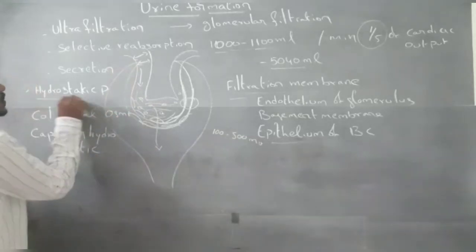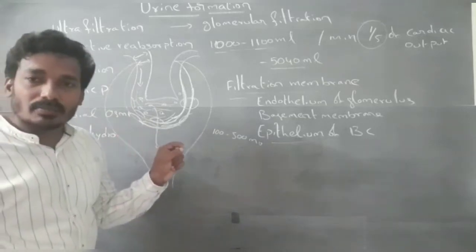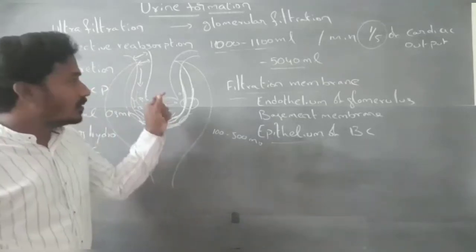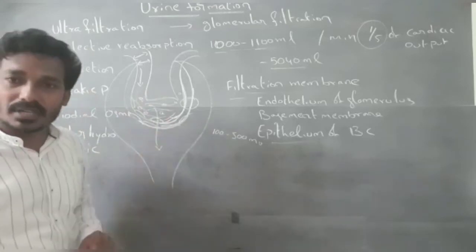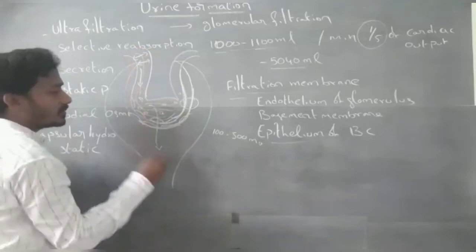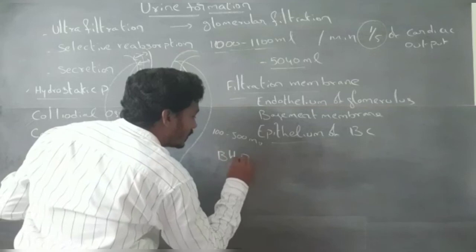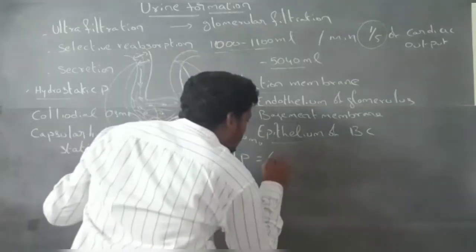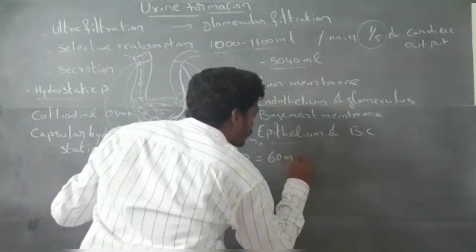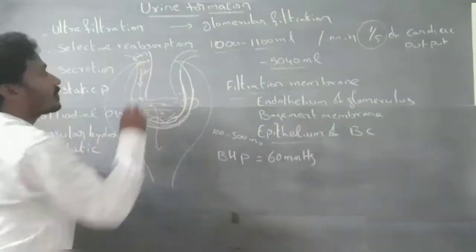The blood hydrostatic pressure is caused by water present in the plasma. Blood hydrostatic pressure is 60 mmHg.